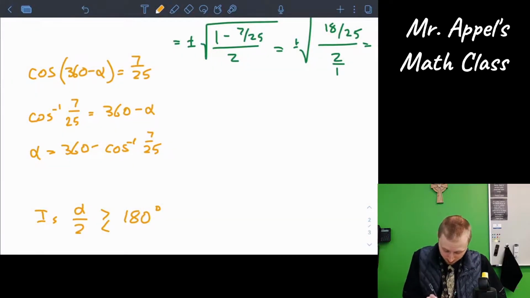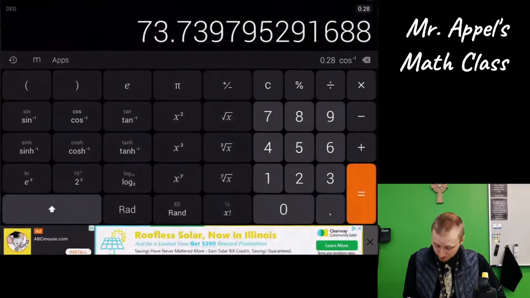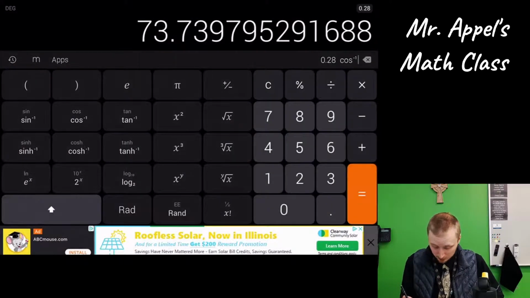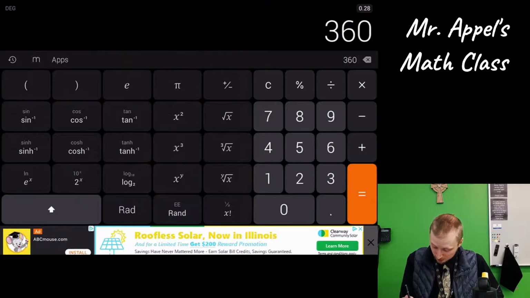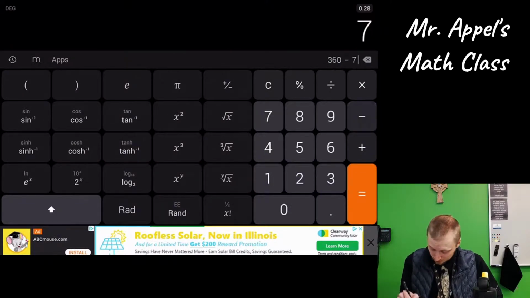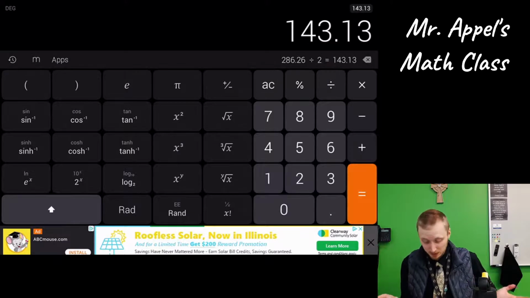Awesome, write that down. This is 360 minus, and so 360 minus that, minus 73.74, is 286.26. That's our alpha. 286 divided by 2 is 143.